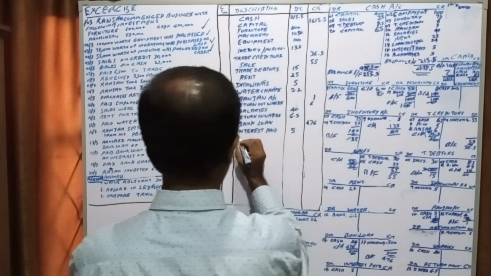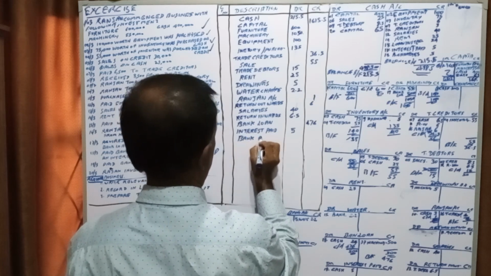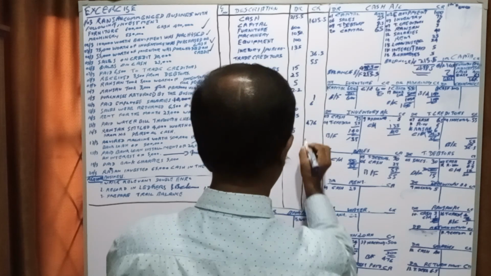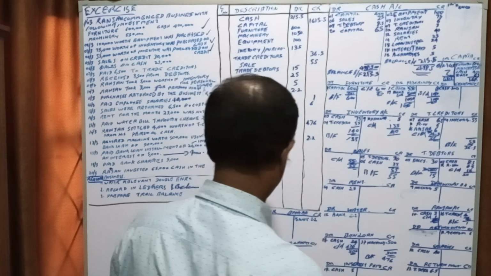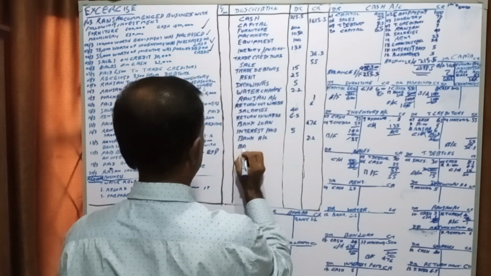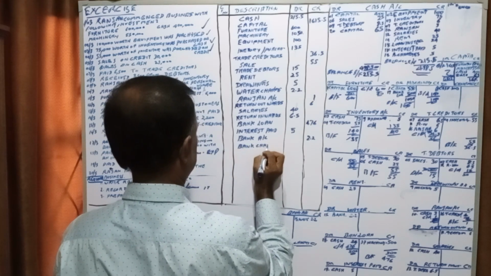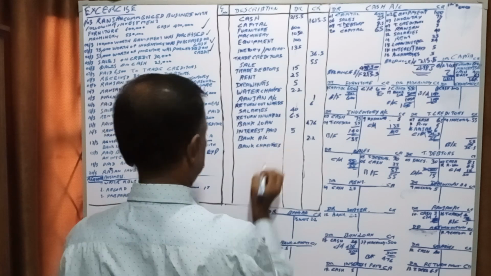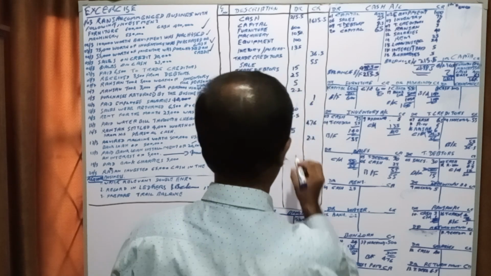Bank account has a credit balance of 2.2. Bank charges account, debit 5.